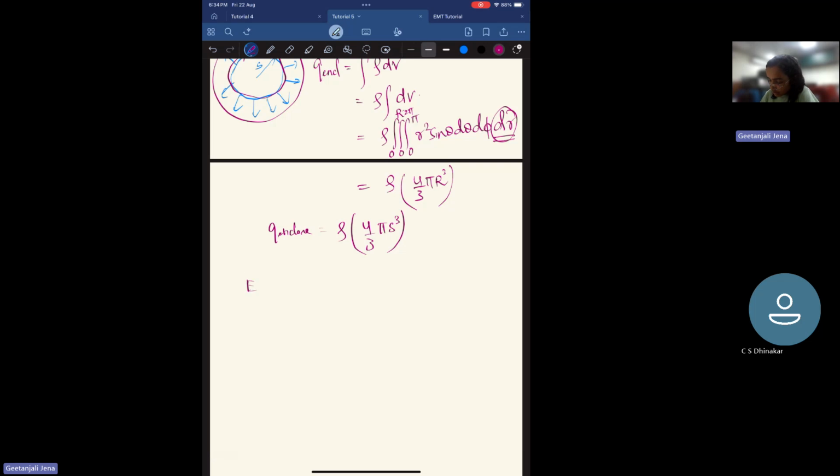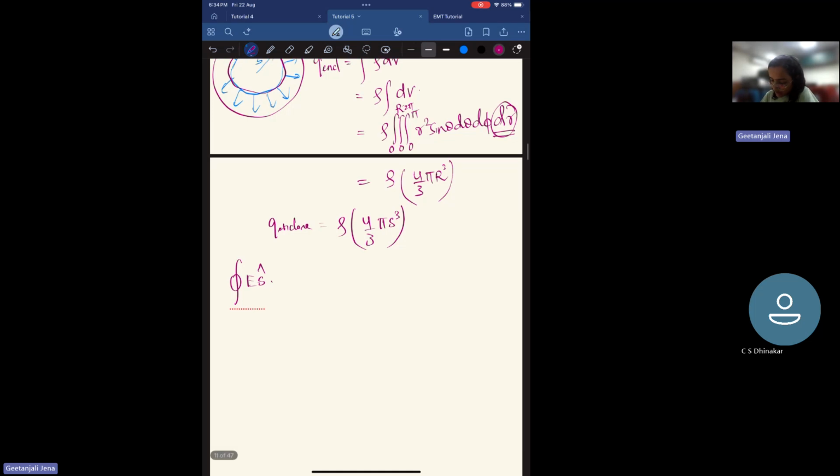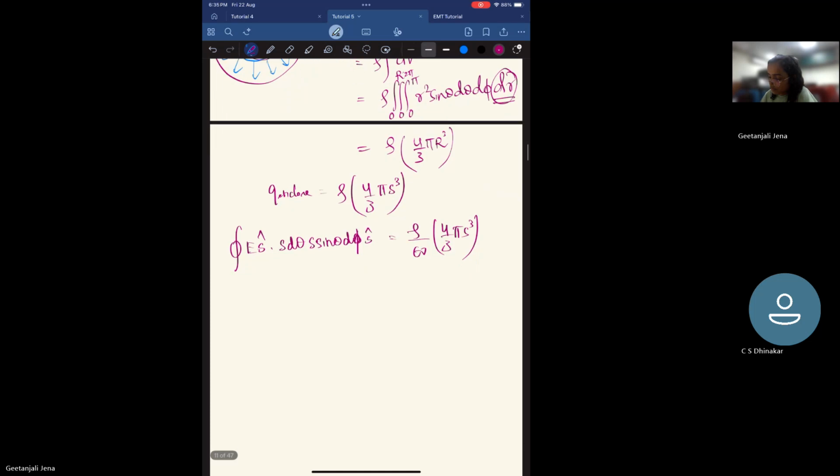So now E will be in the s direction and dA will be in the s direction. The area element is s sine theta d theta d phi, which equals rho by epsilon naught 4 by 3 pi s cube. E is uniform, we can take it out, and the integration of dA will be 4 pi s square.